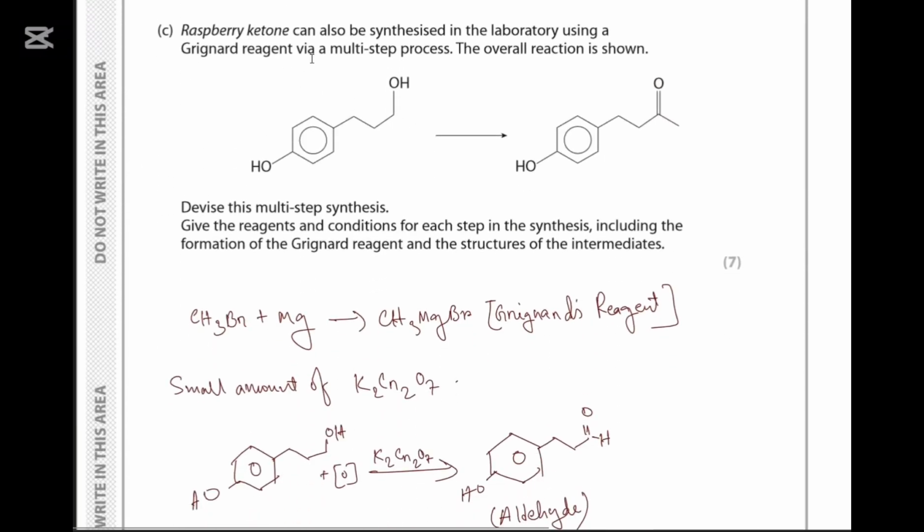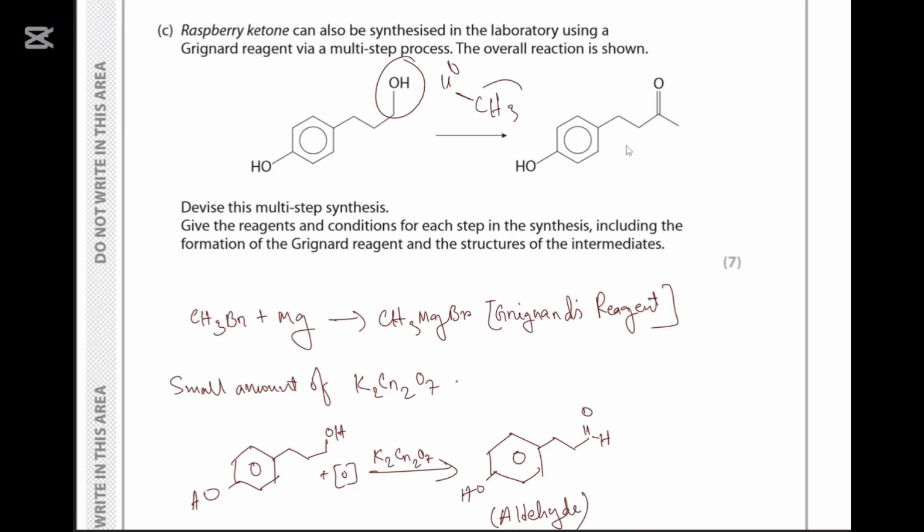The raspberry ketone can also be synthesized in the laboratory using a Grignard reagent via a multi-step process. The overall reaction is shown from here to here. You can see that OH becomes O, and another methyl group is added, right?